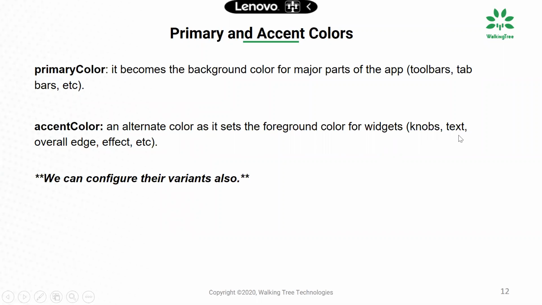For example, the text background color and for tabs in the tab bar. So for that, the accent color is used. Apart from that, you can also have variants of primary color, like primary color light, primary color dark. So we have variants also for these.